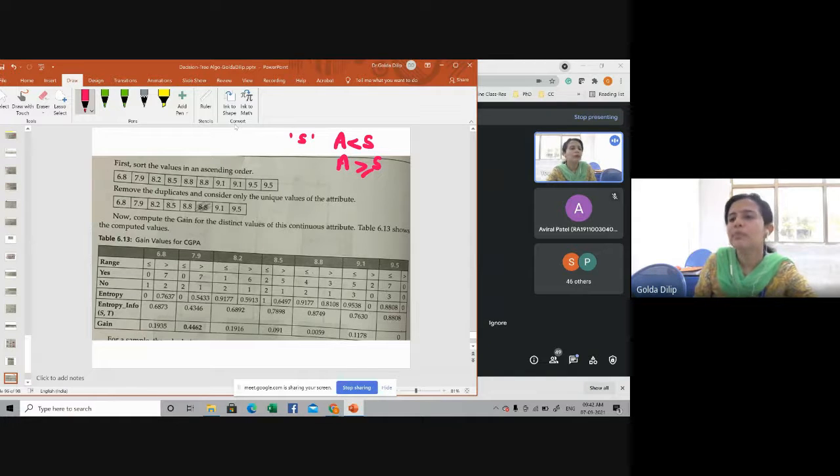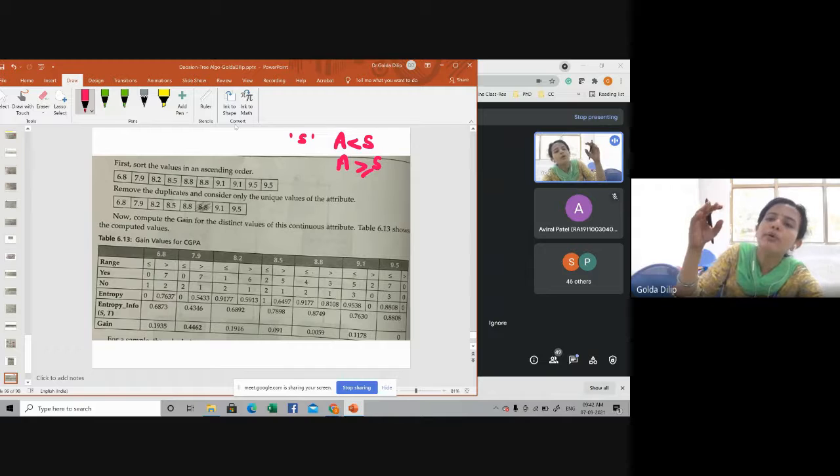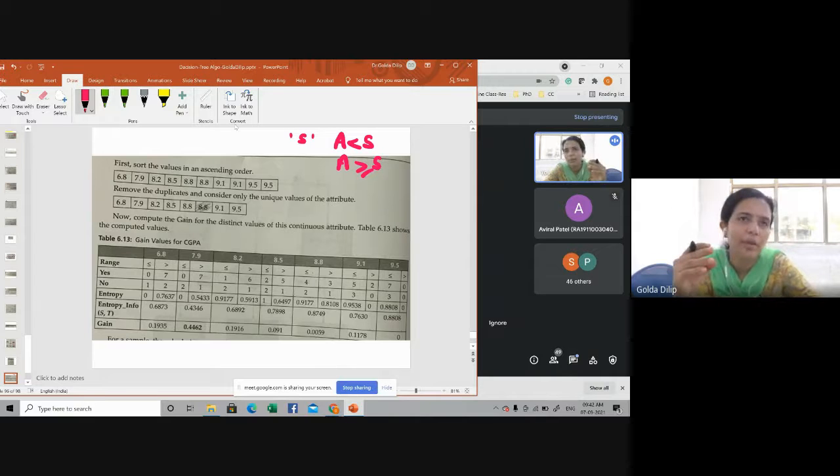That's what I'm supposed to be doing, so that I discretize it and bring it to how it was in the previous format. Then only I can work on it.